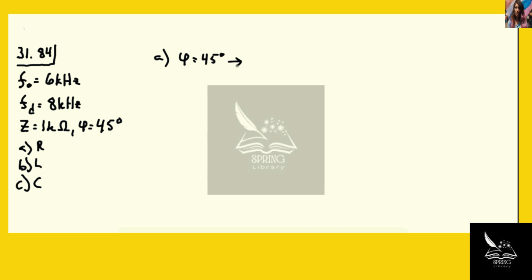when the phase constant is 45 degrees, this means that the resistance has to be equal to the net reactance.